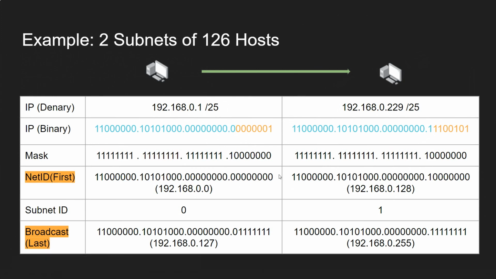One last point is that we've only got 126 hosts in each of these subnets. The reason is that of the 128 available addresses, 2 are reserved. The very first available address in each network is reserved, and the very last address is also reserved. The first address is the network IP address, the network ID followed by all zeros.